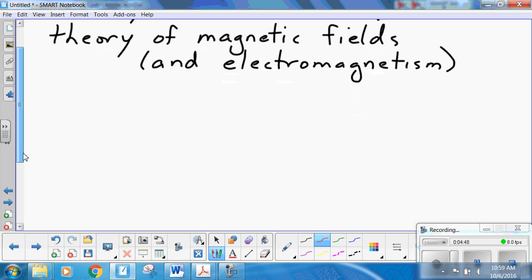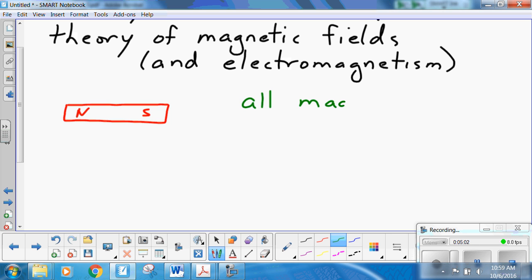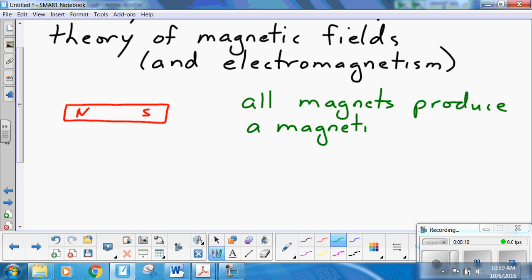Now, with magnets, north, south, what do you know about magnets? All magnets produce a magnetic field, and the abbreviation for magnetic field is B. And notice it's a vector.